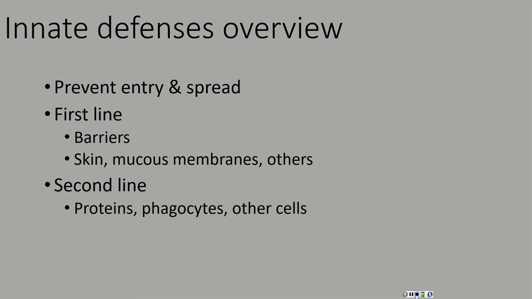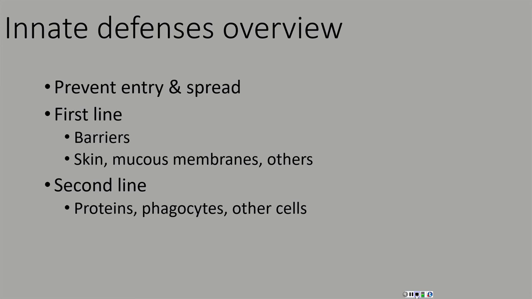The first line of defense is what will prevent entry of a pathogen. The second line of defense is if something has passed that first line, now we're going to prevent it from spreading, from reproducing, and from moving throughout our body.